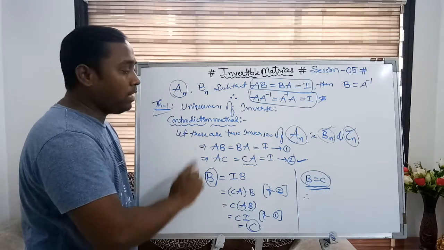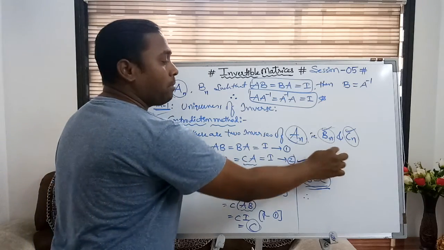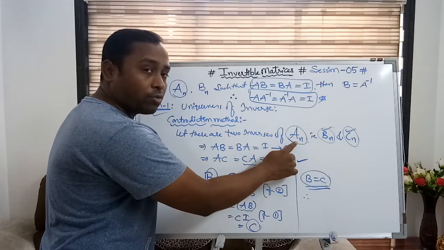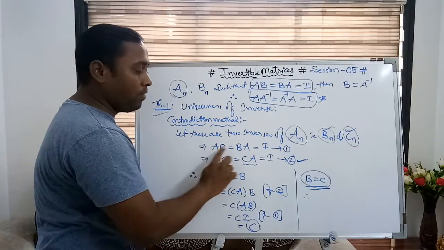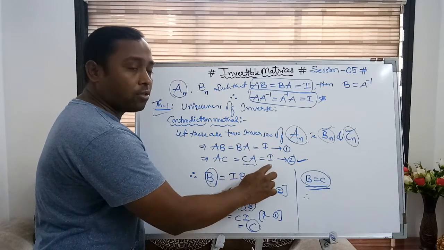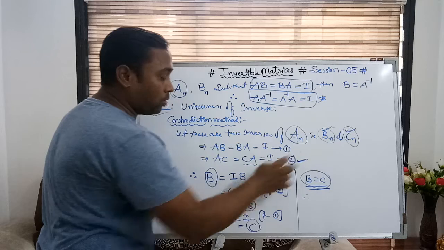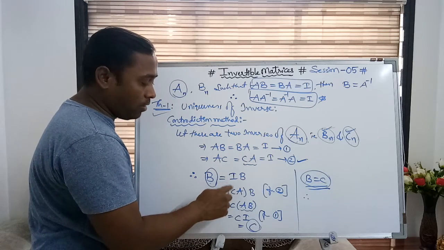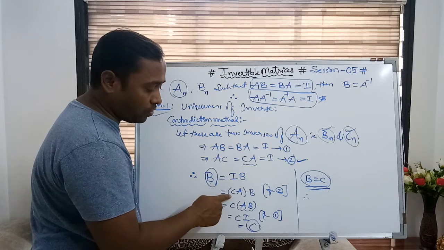How can you prove that? By assuming there are two different square matrices that are inverses of the given square matrix. Hence AB is equal to BA is equal to I, and AC is equal to CA is equal to I, as per our assumption. Then I took B and wrote it as IB. Then I replaced this I with CA.